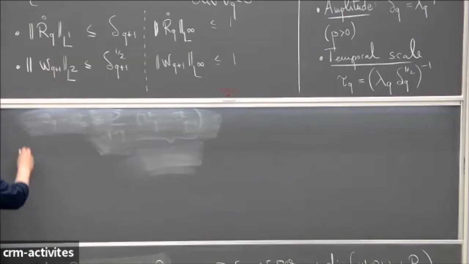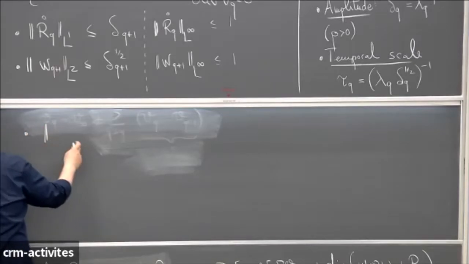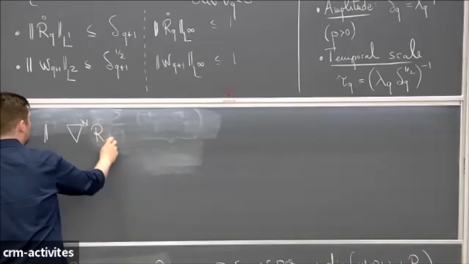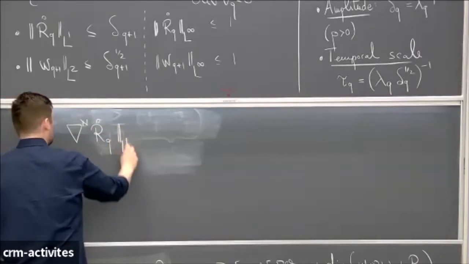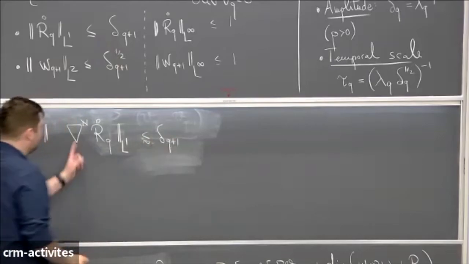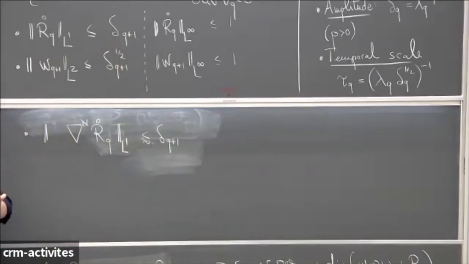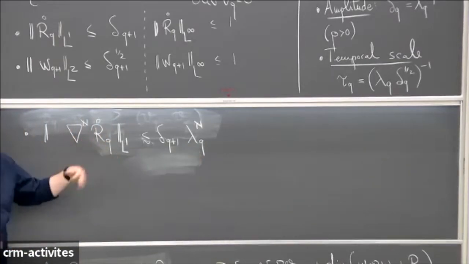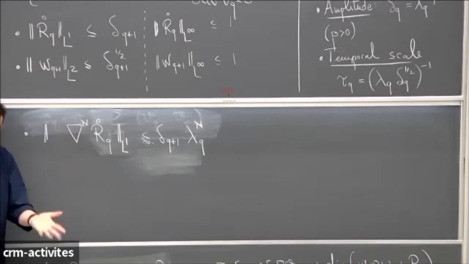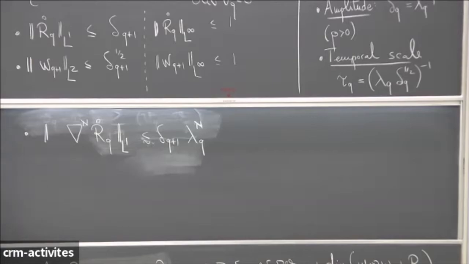The correct way to encode that would be to say, if I take a gradient of RQ in L1, I get the same size, maybe it's n dependent. For every single gradient, I pay frequency or 1 over length scale. It's really what it means for me that this lives at frequency lambda Q. That when you act with a gradient on it, you pay what the inverse length scale costs.